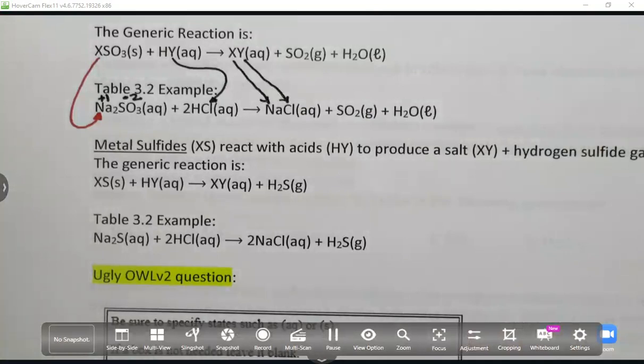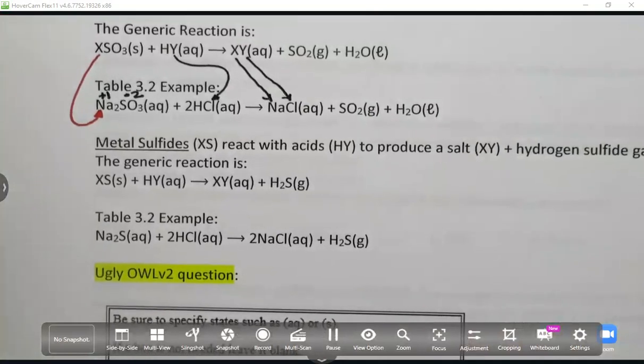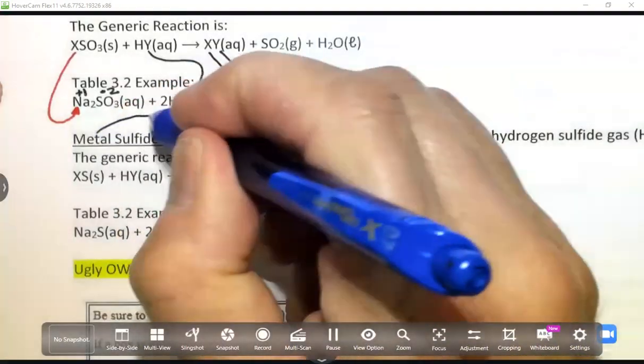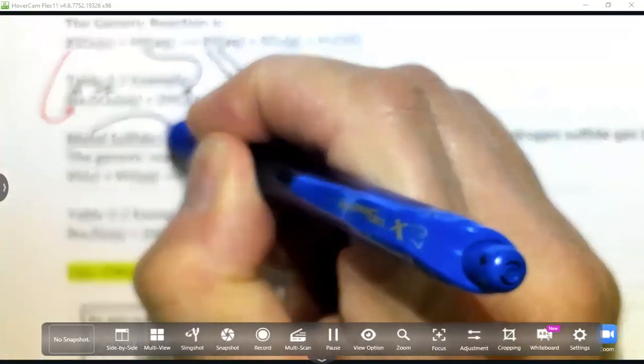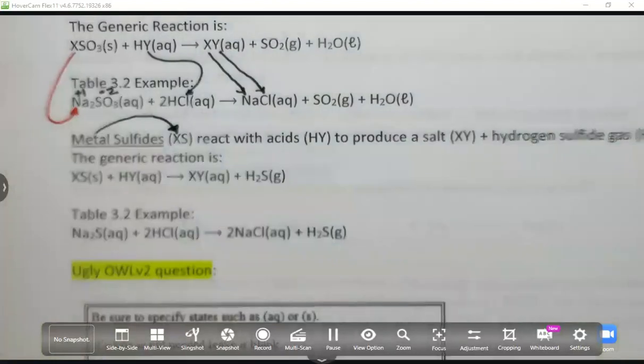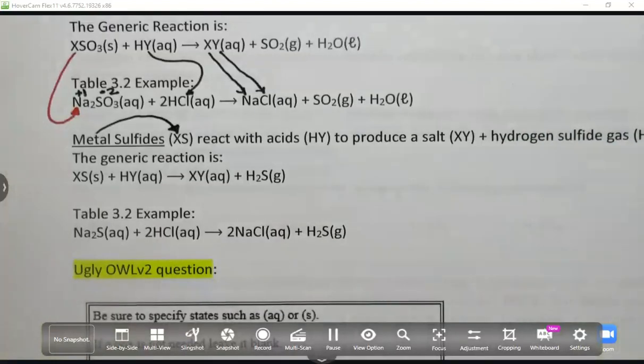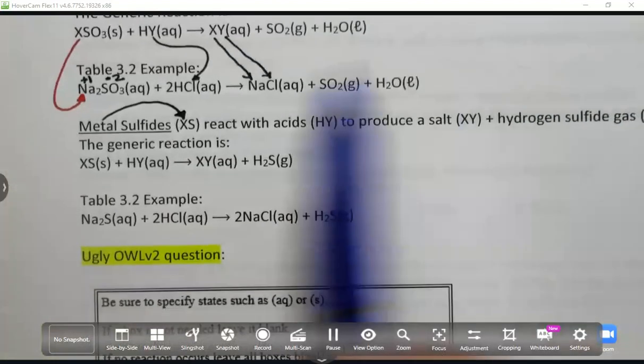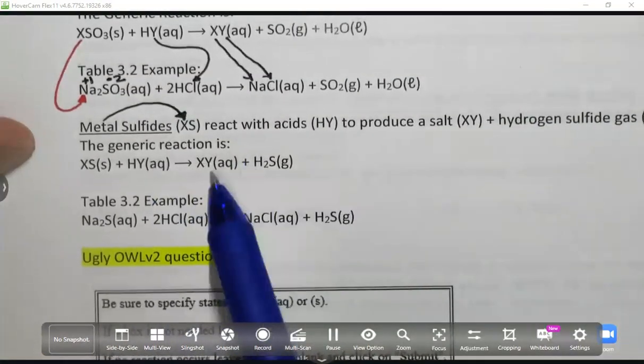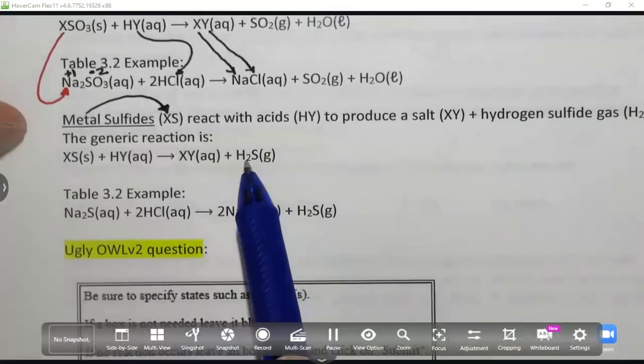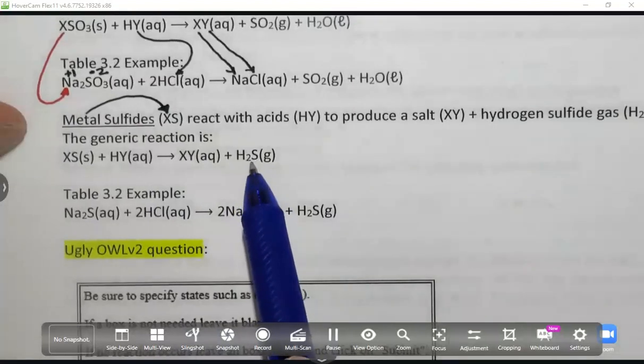Then we have a metal sulfide. Again, X just represents a metal ion, sodium, potassium, lithium, calcium, barium, whatever it is. So if we have a metal sulfide and acid, we get a salt and we get the stinky rotten egg H2S.